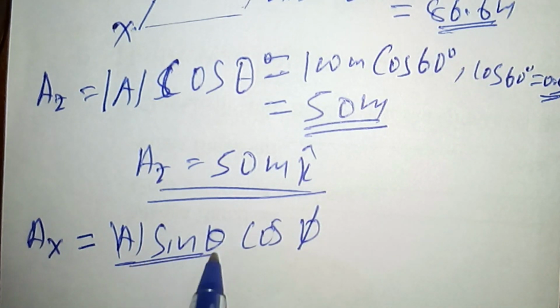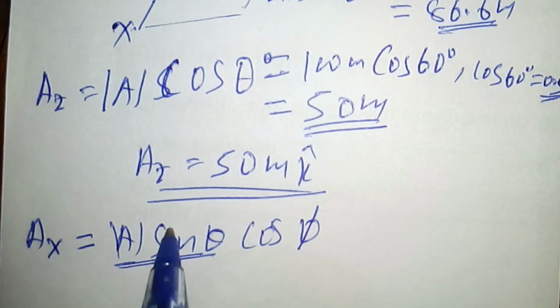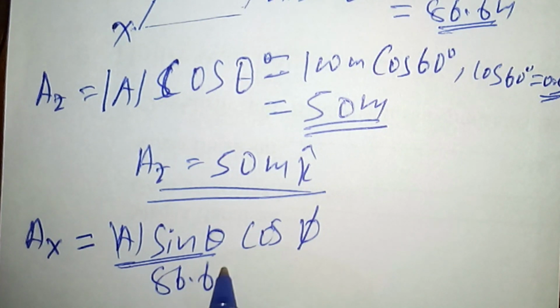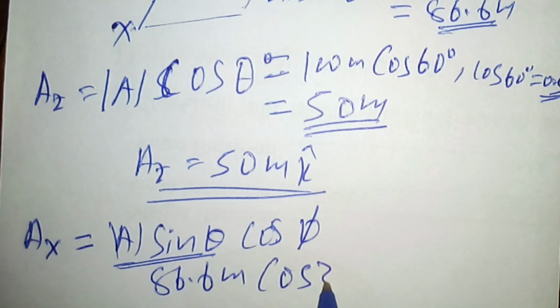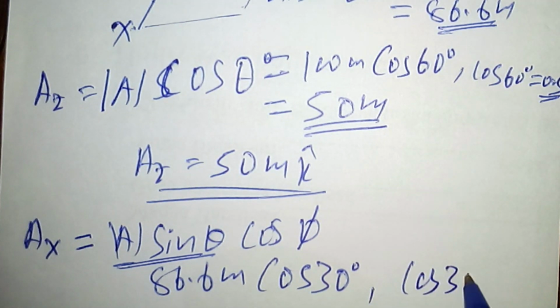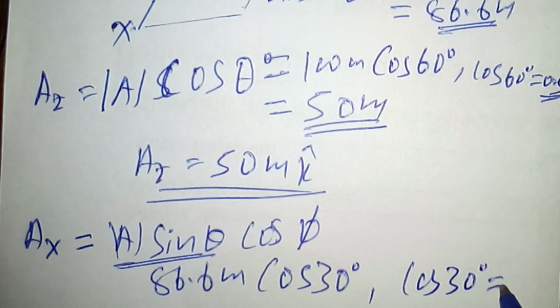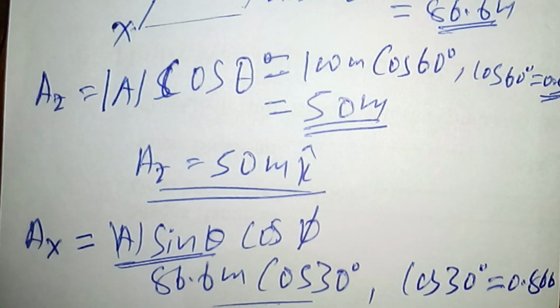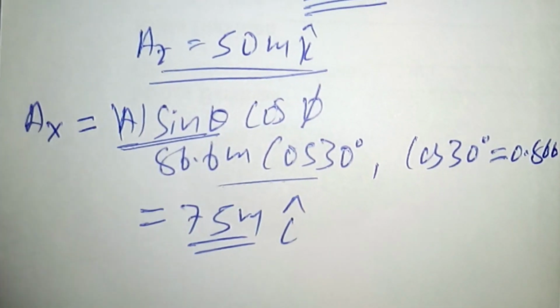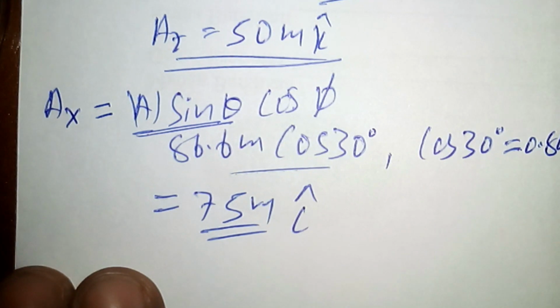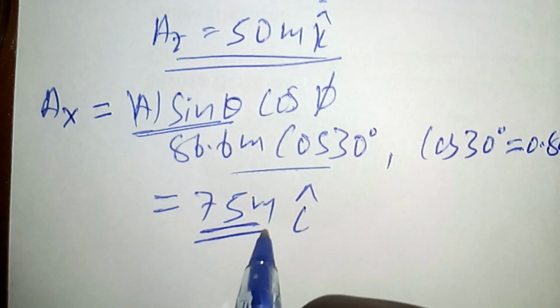We have already calculated this value as 86.6 meter, times cos of 30 degree. Cos of 30 degree is 0.866. If you multiply together, you get 75 meter along the x-axis.